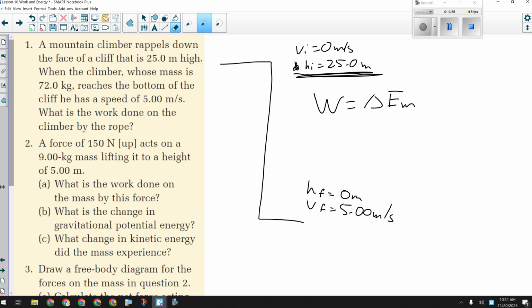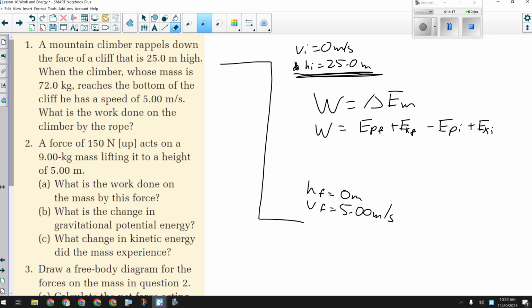Work's a change in mechanical energy. Okay? Work is our final potential plus our final kinetic minus our initial potential plus our initial kinetic. Now that I've, in my head, analyzed the situation, can I get rid of any of those energies?